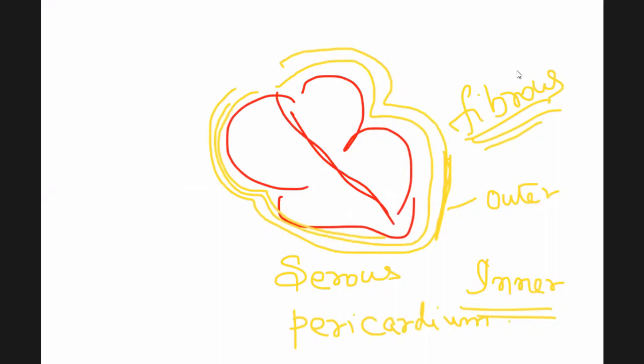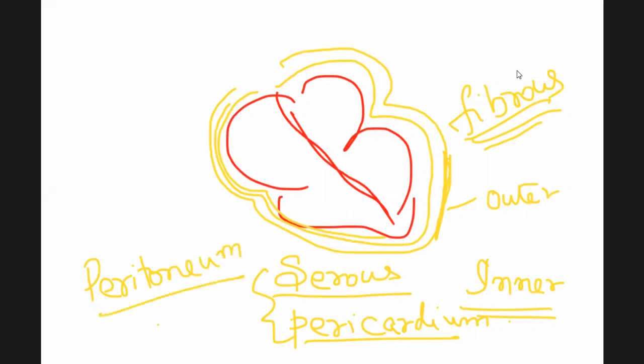So this pericardium is nothing but peritoneum, which has two layers, visceral layer and parietal layer. Between them, there is a watery fluid, pericardial fluid, similar to coelomic fluid. So you get this word, serous pericardium, in your material.